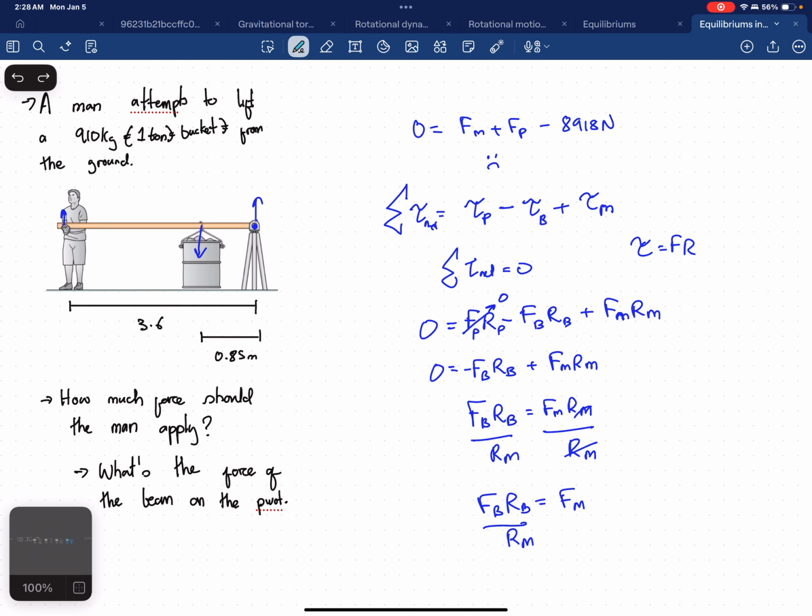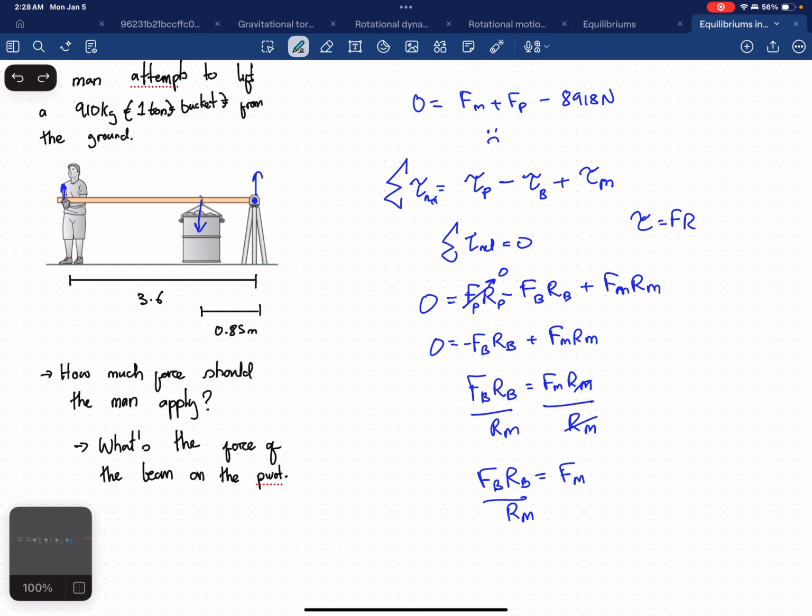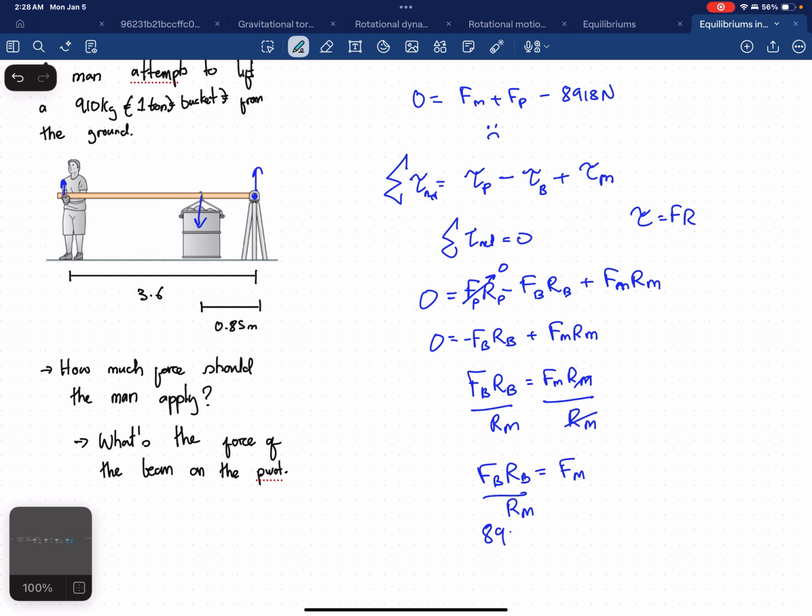I know the force of the bucket. We calculated this already. This is 8918, and I also know R_B. R_B is the distance from the pivot to the point at which the force of the bucket is being applied, so it's going to be 0.85. And R_M is the distance from the pivot to the man, which is going to be 3.6.